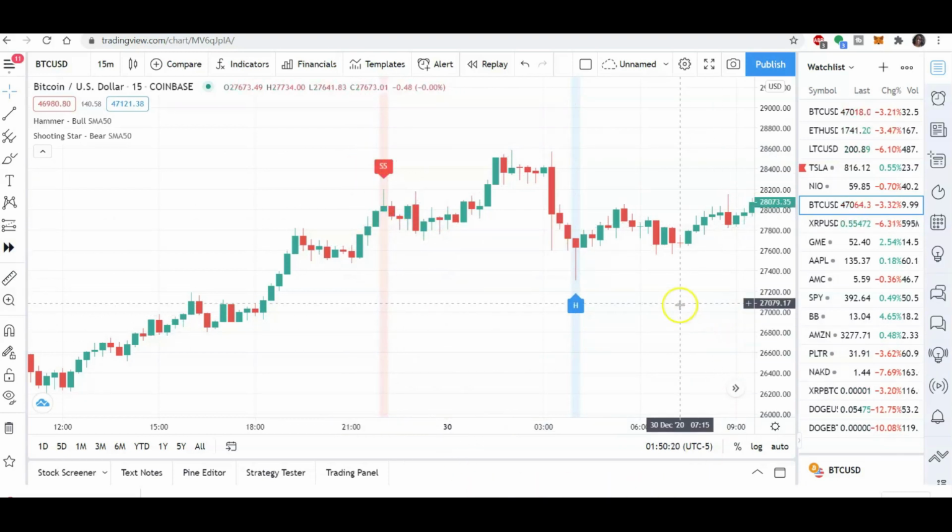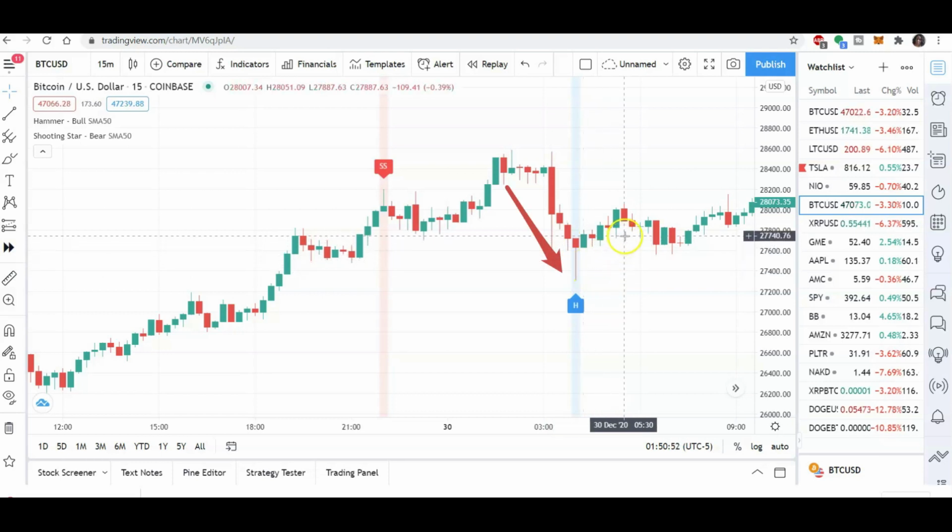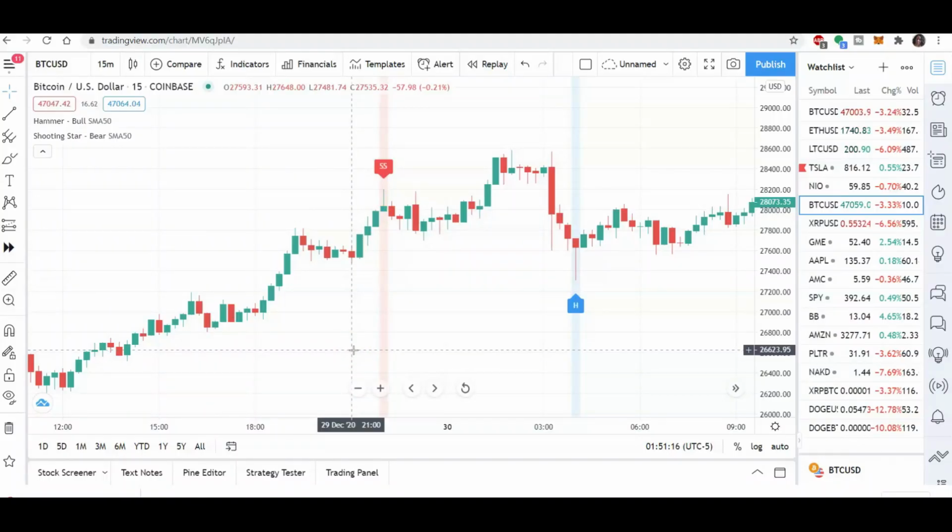The hammer pattern clearly occurs at the bottom of this downtrend. And over the course of the next few candlesticks, price action trends upwards. The converse is the case with the shooting star, which appears at the top of an uptrend.